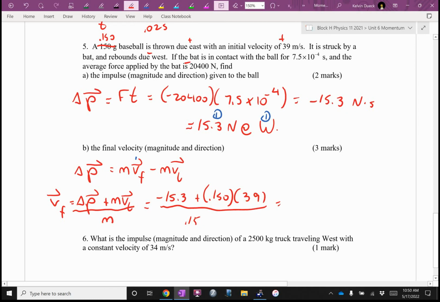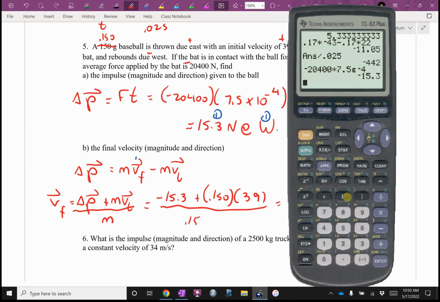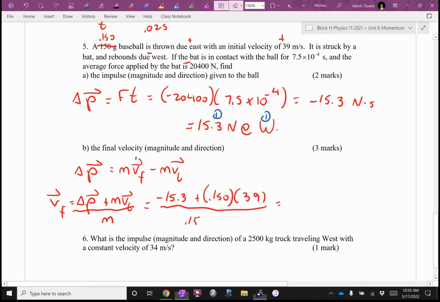If I got a negative answer, I'll call that west. I think I'm going to get a negative answer. Negative 15.3 plus 0.15 times 39, close off the top, divided by 0.15. Did you get negative 63? Or 63 meters per second west.